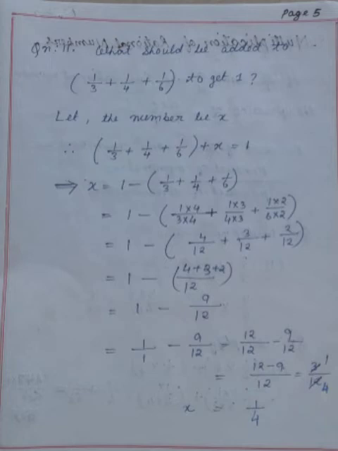After the subtraction, we get the value as 1 by 4. Therefore, if we add 1 by 4 to 1 by 3, 1 by 4 and 1 by 6, we get the result 1.